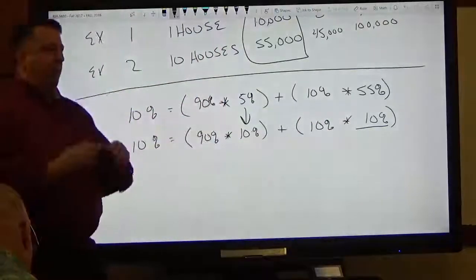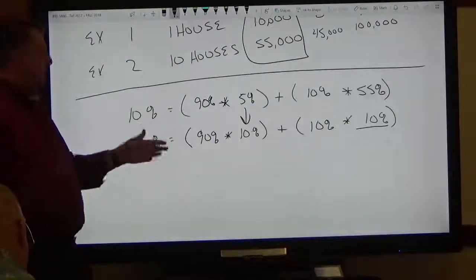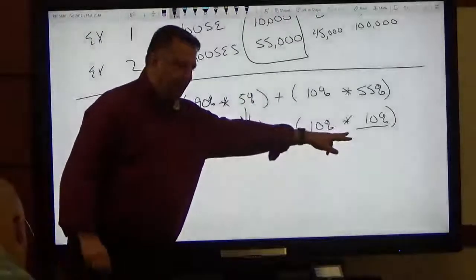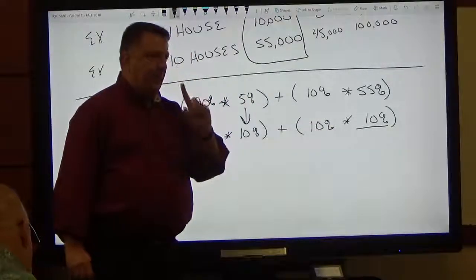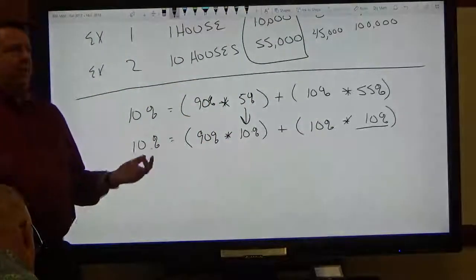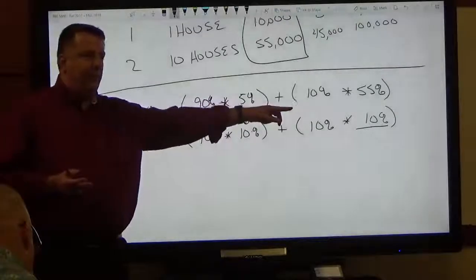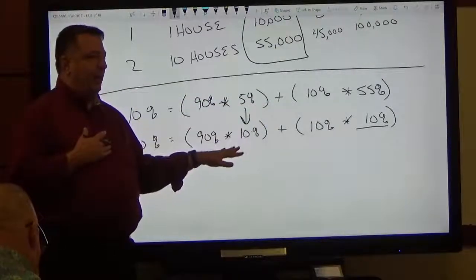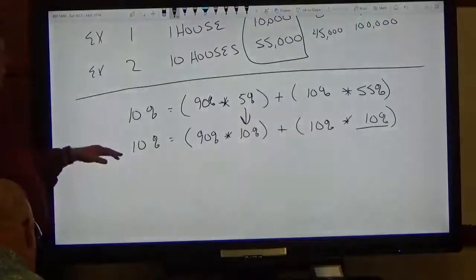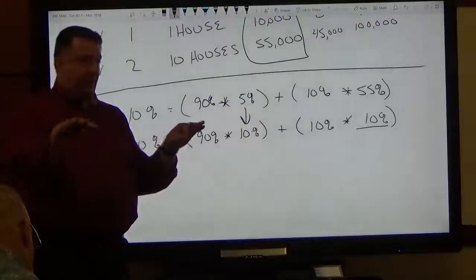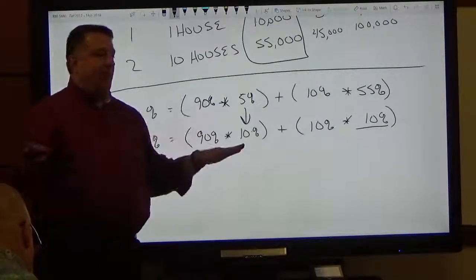Now this is not inherently a horrible thing. Let me make sure this is clear. Somebody would say, wait a second, I'm still getting a 10% rate of return, but you're also taking on a lot of risk, because your margins are basically non-existent.